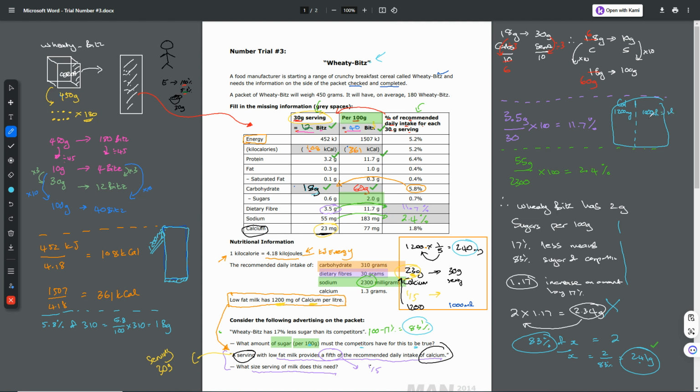And then you have 23 divided by 1,200 times 1,000. Let's go. 23 divided by 1,200 multiplied by 1,000 equals 19.16 milliliters.